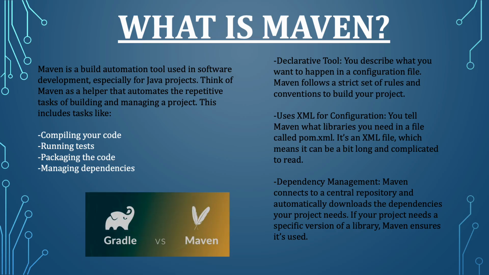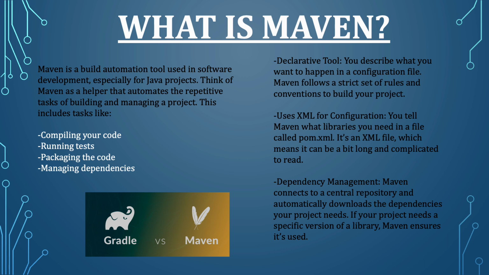So now that we know what dependencies and dependency management are, let's talk about Maven and Gradle. As stated before, Maven is a powerful build automation tool commonly used in Java projects. It simplifies the software development process by automating tasks such as compiling code, running tests, packaging, and managing dependencies. Maven operates with a declarative approach where you specify what you want to achieve in a configuration file called pom.xml.